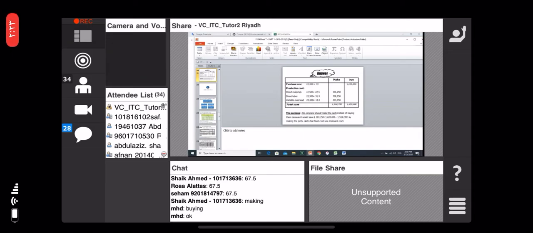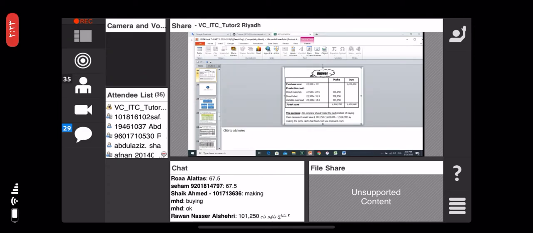And here, as you see, he prepared the total amount of units: 22,500. What does 22,500 mean? It is the number of units he is making. He needs 22,500 units.